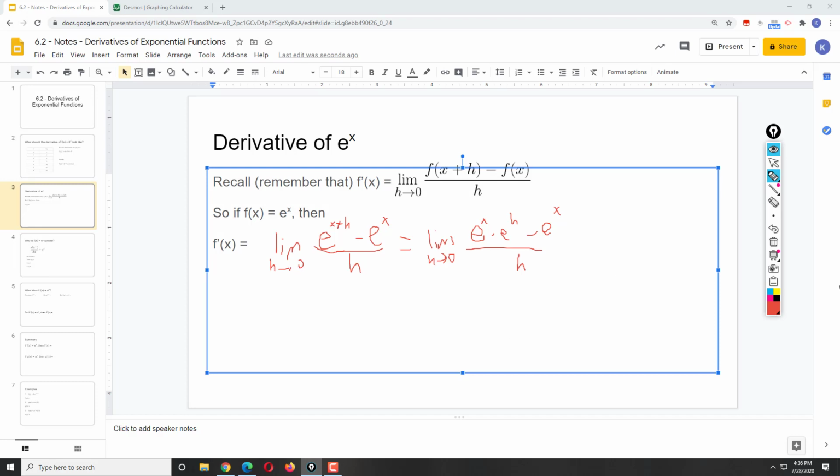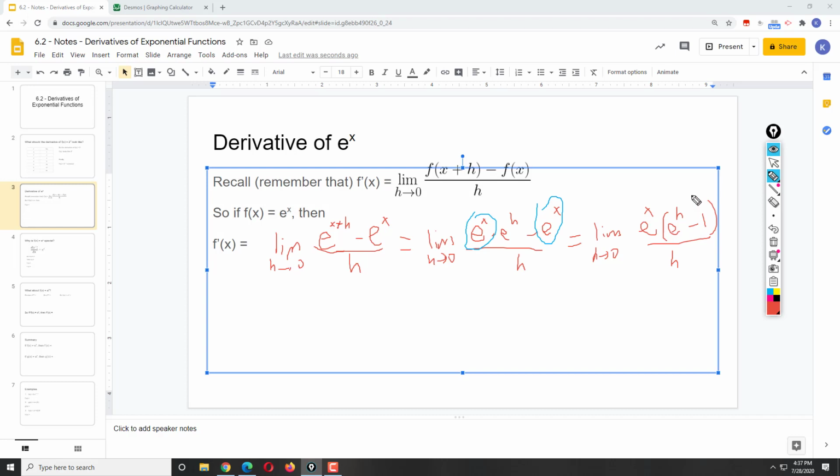There is an e to the x in each of these two terms. So we can factor out an e to the x. So this is really equal to e to the x times e to the h minus 1 over h. Okay?